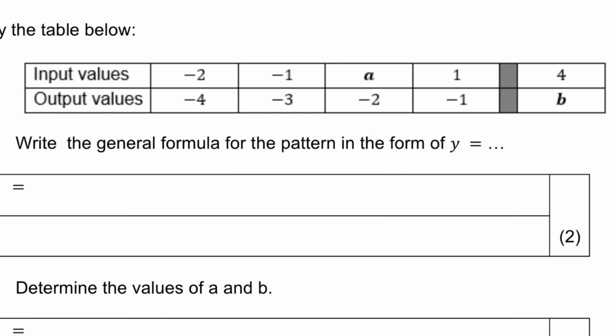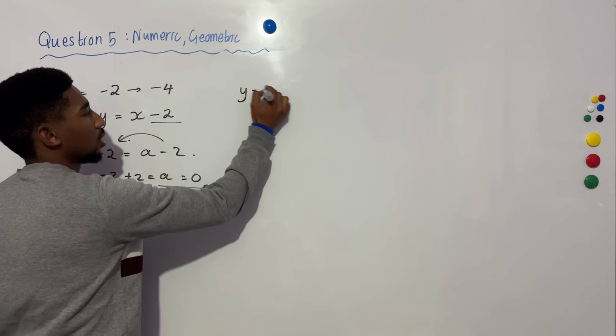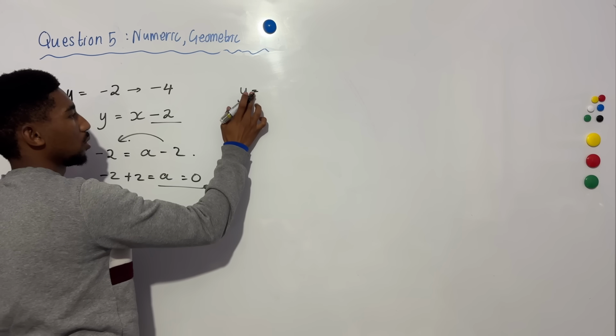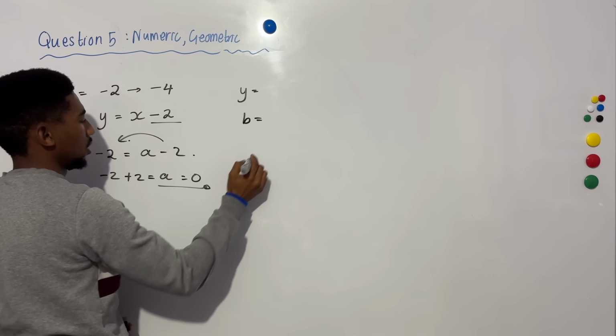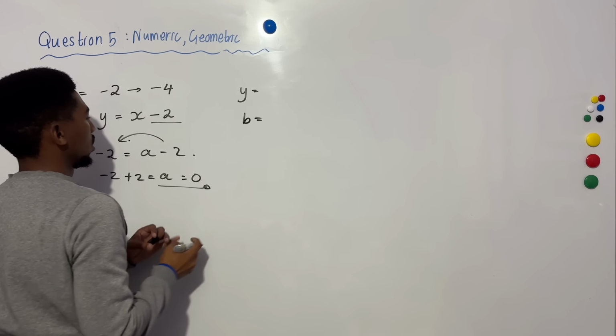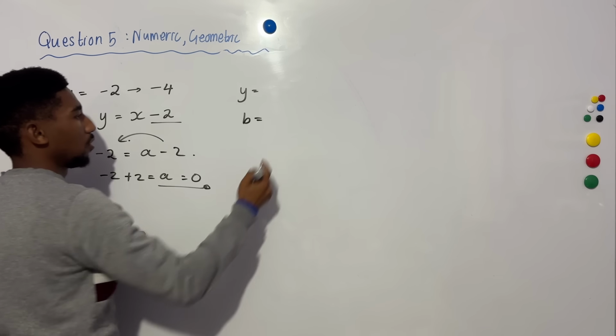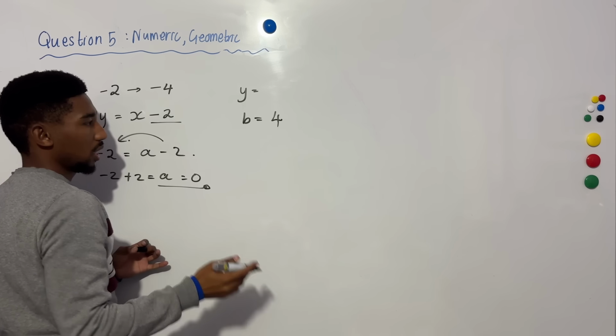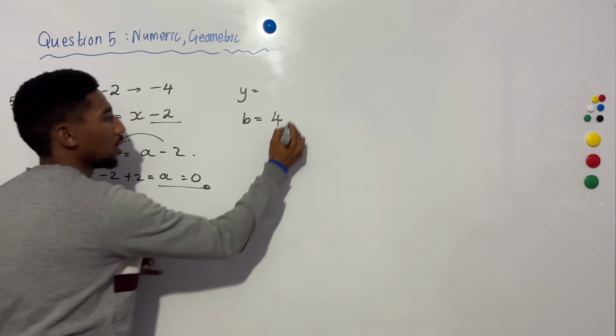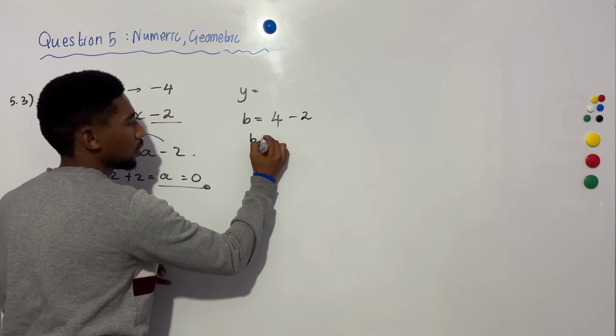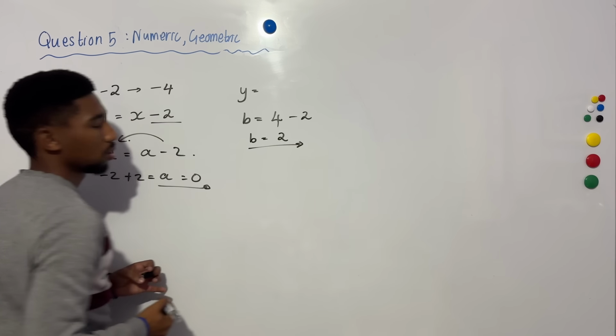Okay, and then in the case with b, y being the output, b is the output. So b is equal to, we have 4, which is my input x, as we can see from the table, minus 2, which we always do, and then b is equal to 2.